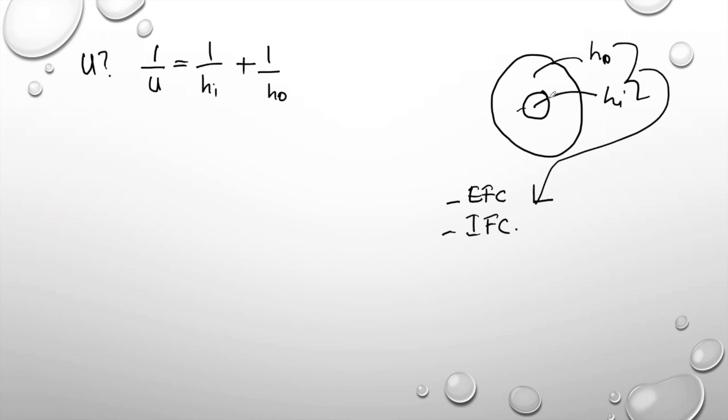Now for the double tube heat exchanger, the inner tube will have internal forced convection. What about H out, the H for this fluid? H out here is also internal forced convection. So why do we have to determine whether it is internal or external forced convection?